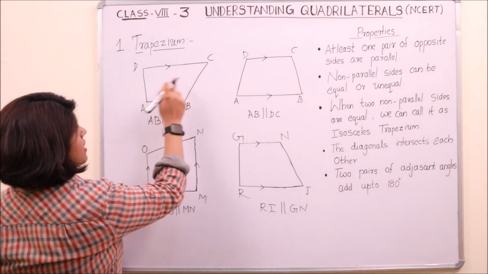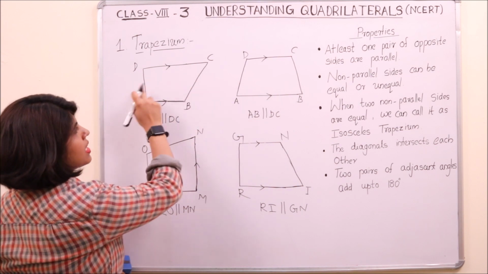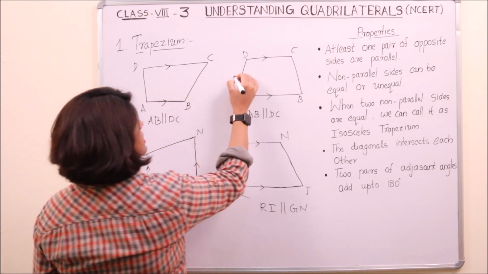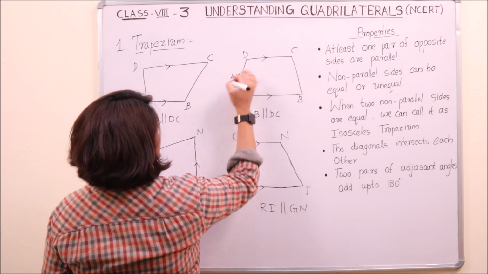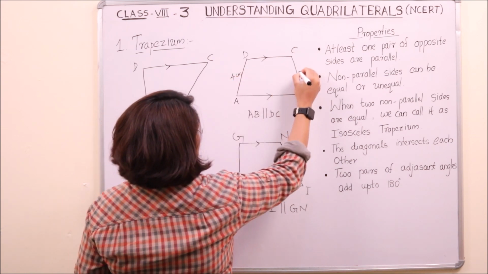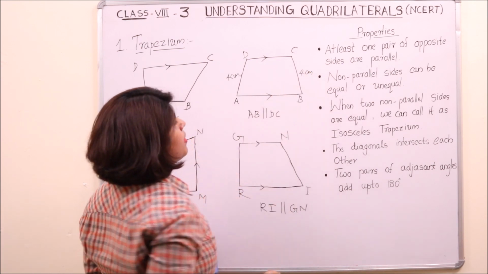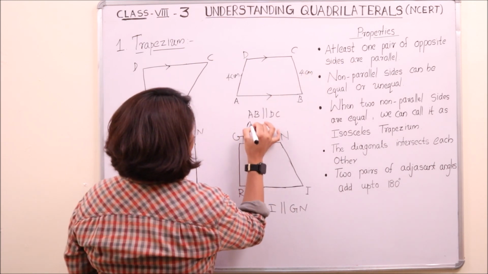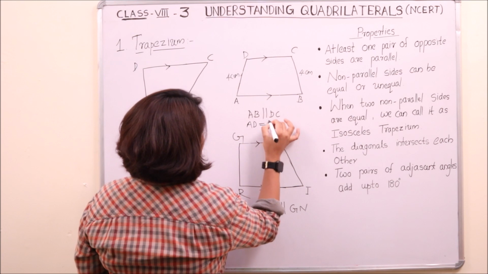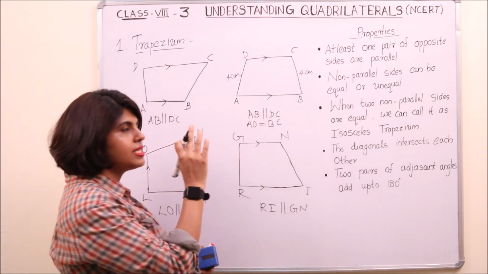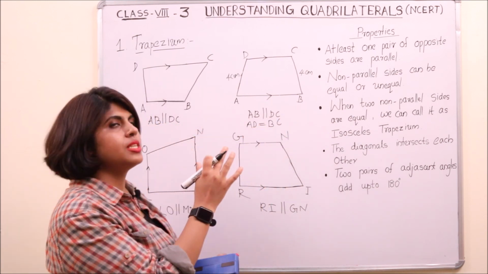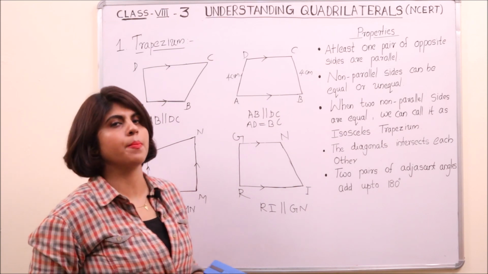Here the non-parallel sides are these two. If we take AD as 4 centimeter and the length of BC as 4 centimeter, then we can say AD equals BC. Then this type of trapezium is known as an isosceles trapezium.